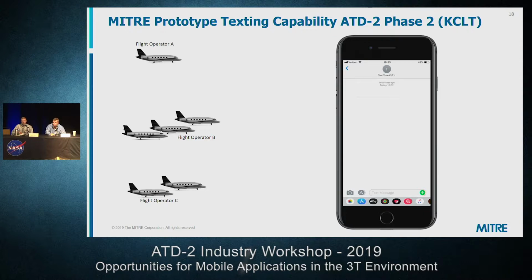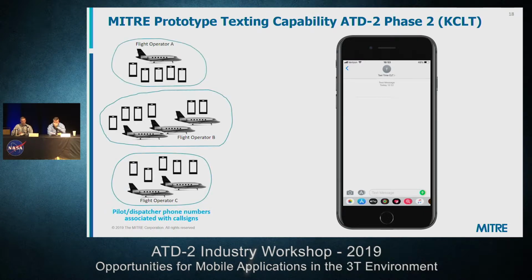Okay, so the next couple slides walk through a flow of how a pilot might interact with our application. This is what we were using in Charlotte, and this is using the texting capability as an example. We had a handful of flight operators, like Ernie mentioned, that we targeted as participants. I've just labeled them A, B, and C. They took on a couple of different flavors.